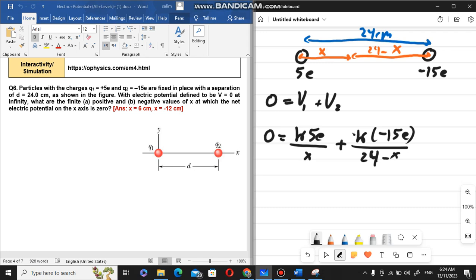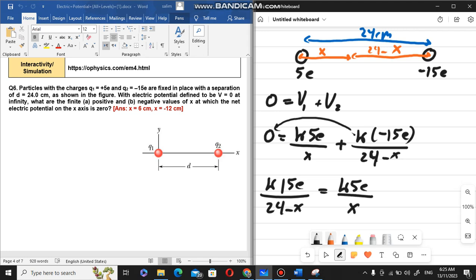So what do you do now? You just move this to the other side in order to make it positive. So it would be K 15e over 24 minus x is equal to K 5e over x. K and K are cancelled from both sides, e and e are cancelled.